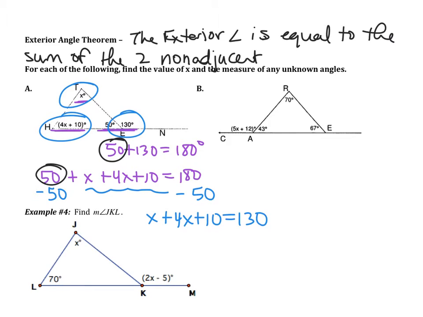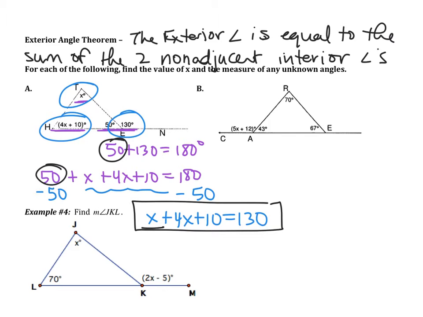The adjacent angle is the 50; the x and the 4x plus 10 are not next to the 130, so they're the two non-adjacent interior angles. And you see that right here. The x and the 4x plus 10 are the two interior angles. They add up to equal the exterior angle 130. And the reason is because of that concept of the angles all adding up to 180.